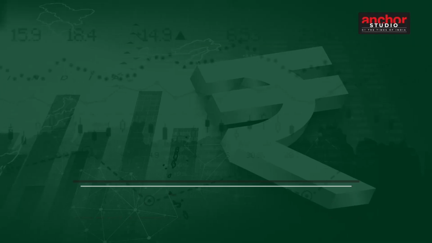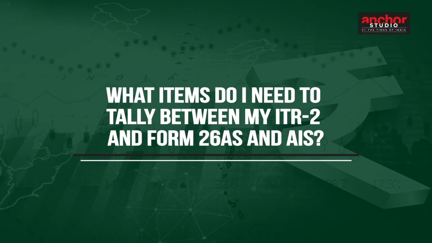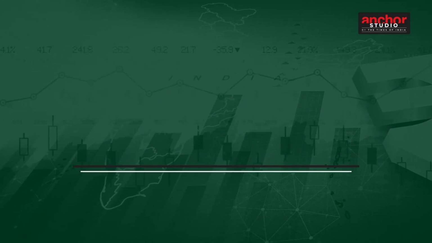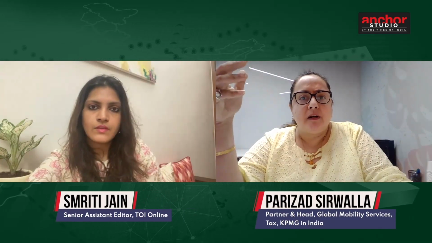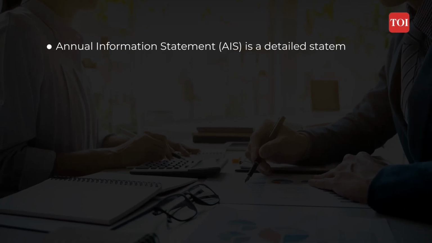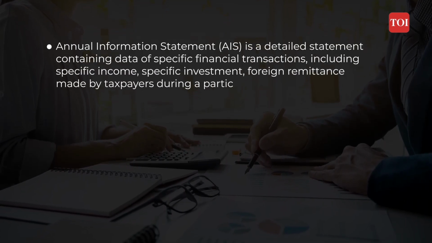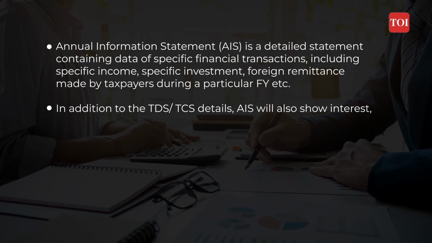Coming to what you were saying about the annual information statement and the Form 26AS. So between my ITR-2 and these two documents, what is it that I should be tallying? Now, this annual information statement, I've seen over the last 2 years, is a fairly detailed statement. It in fact gives you all the data of almost all your financial transactions, your incomes, your investments made, any foreign remittance that you may have made as a taxpayer during a particular financial year.